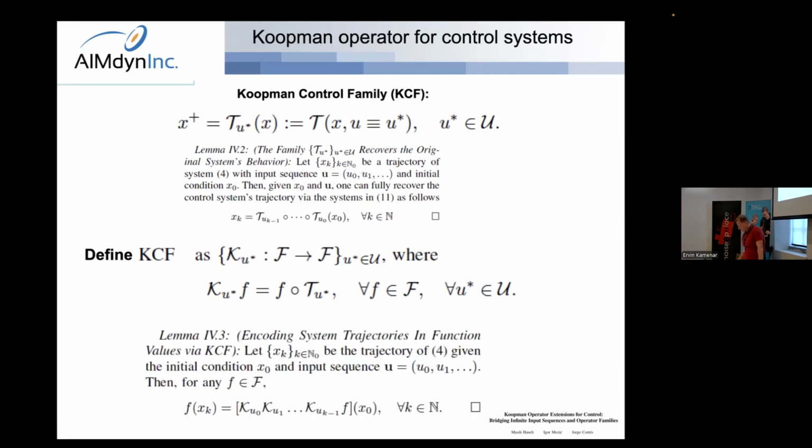So nicely, if you take an observable F on the state space, you can recover the value of the observable at the kth time by just applying the Koopman operator k times to the initial value of the function, and you get the result. Right? So correctly with this Koopman family, but the Koopman family is very, very large. It's parameterized by all the possible inputs. So these are the two approaches.